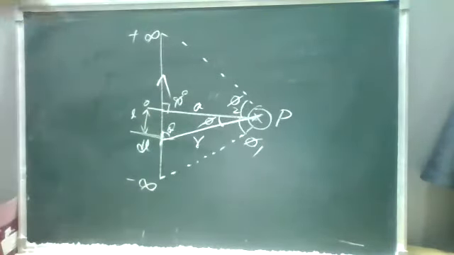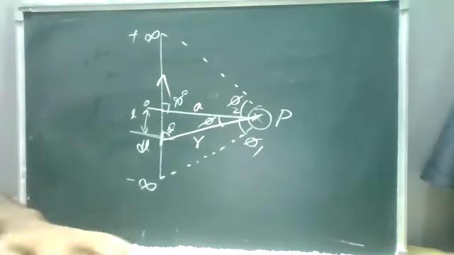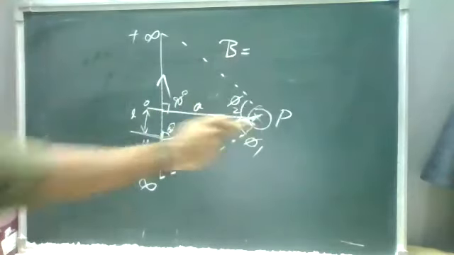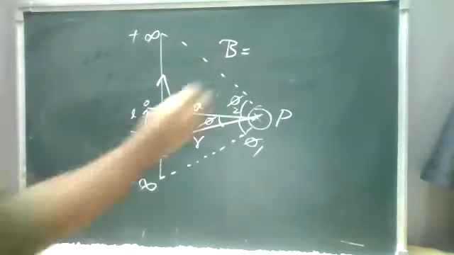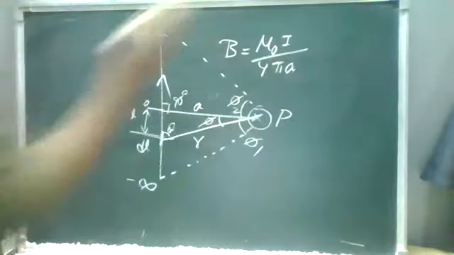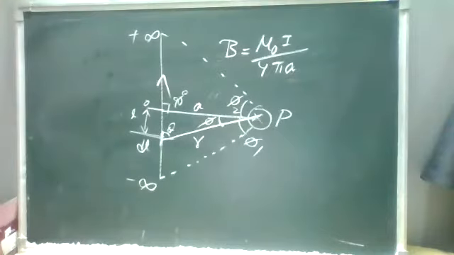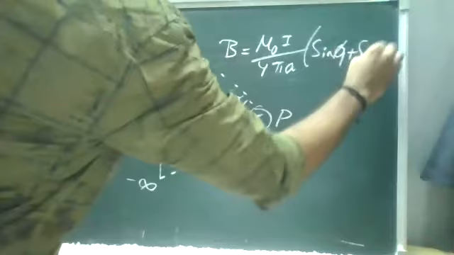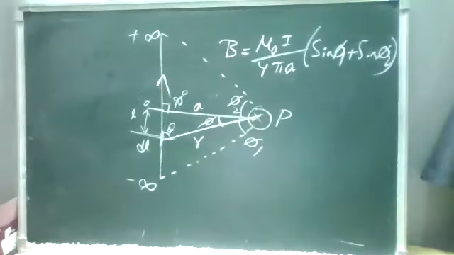When you take the magnetic field at the point P, I'm going to write the final equation directly. For the straight current carrying conductor, B is equal to mu naught I by 4 pi a, into sin phi 1 plus sin phi 2. This is your relation.